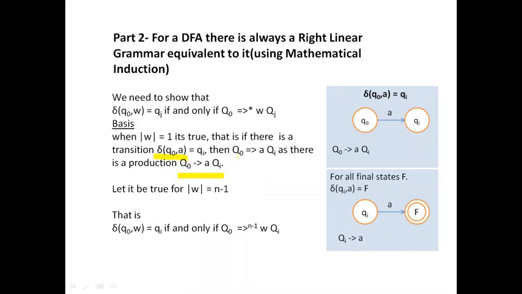So that tells us that from Q0 we can derive the sentential form A Qi. So when you have a string of length 1, it is true.